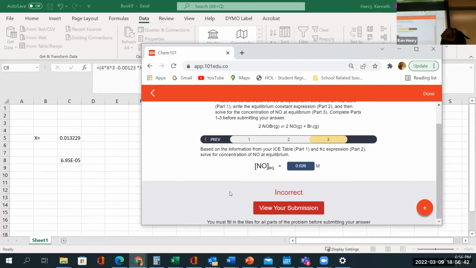So no, I would not put a question like this on the test. I'll have to pay closer attention, because you shouldn't have to go through that much hassle to get it. You should be able to do it with the quadratic formula or something like that.